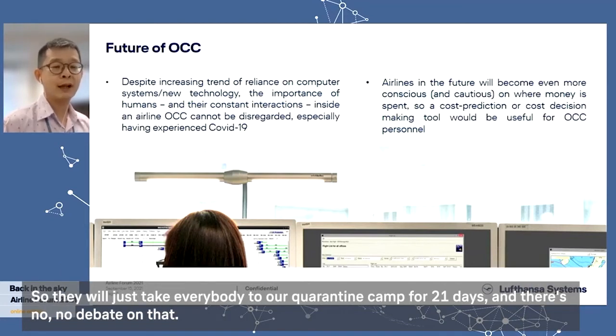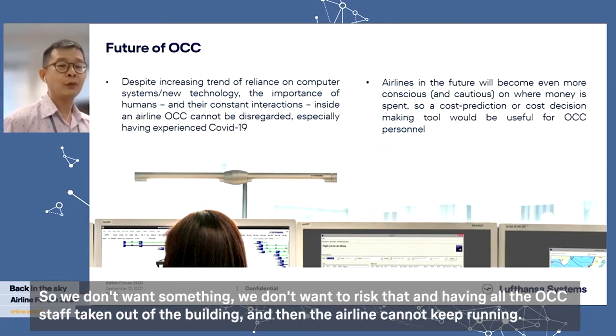So they will just take everybody to a quarantine camp for 21 days, and there's no debate on that. So we don't want to risk having all the OCC staff taken out of the building, and then the airline cannot keep running.